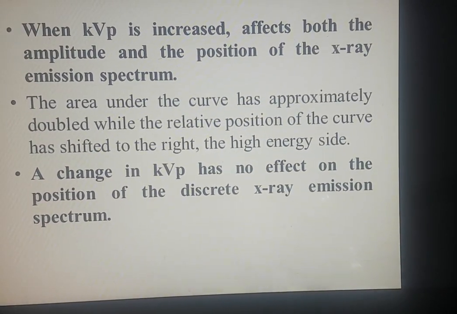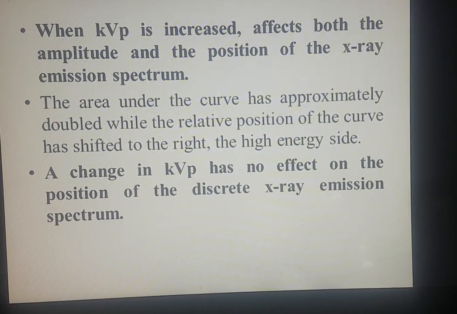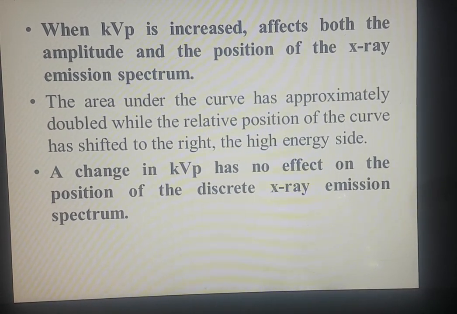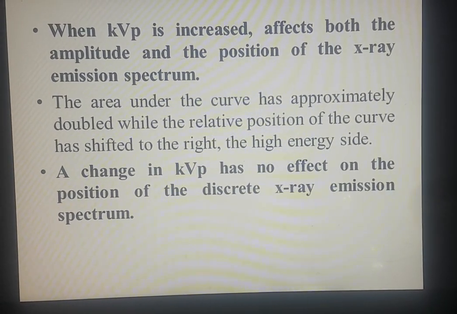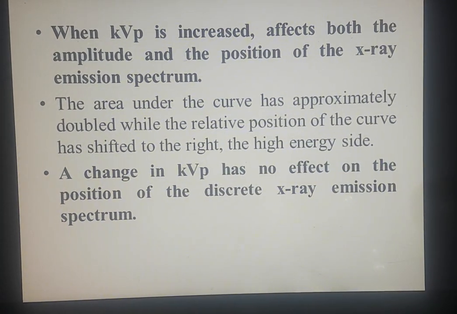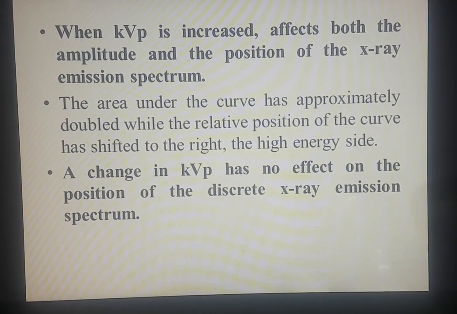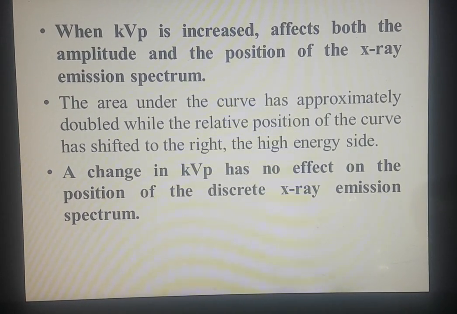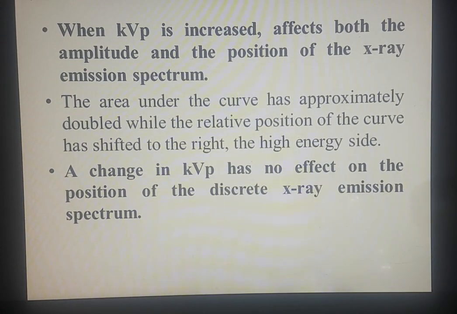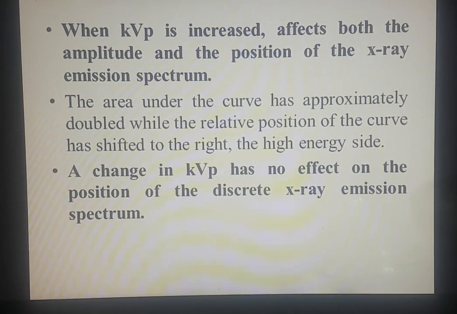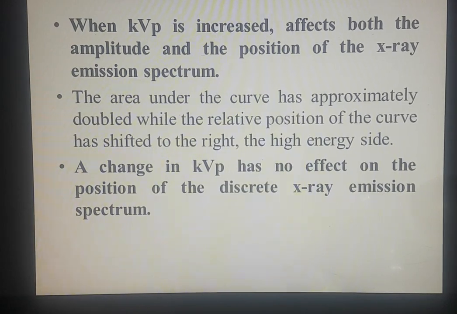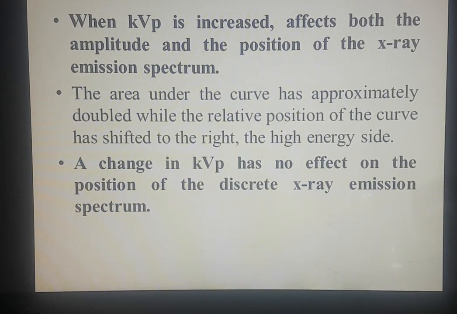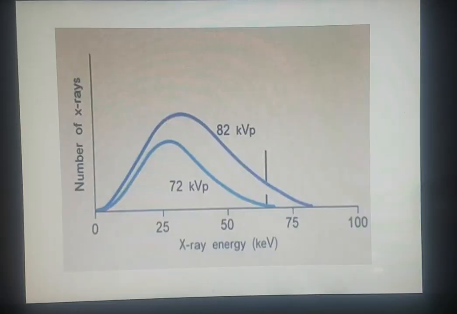So these two points are really important, which I have bolded. When KVP is increased, it affects both the amplitude and the position of the X-ray emission spectrum. And the second point is that a change in KVP has no effect on the position of the discrete X-ray emission spectrum, and we have already discussed the reason.